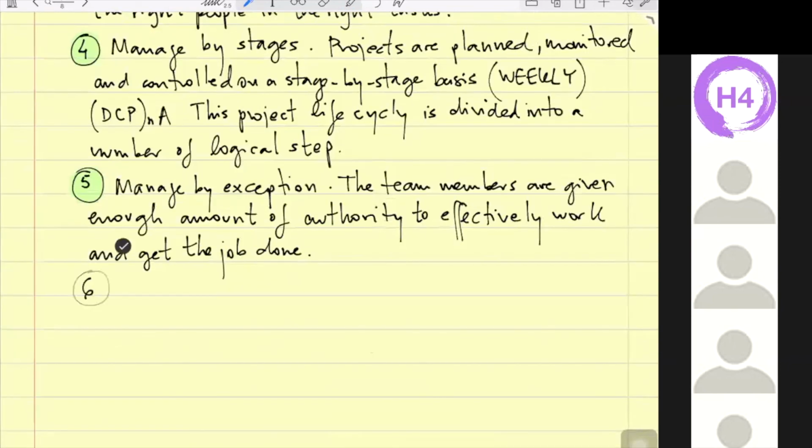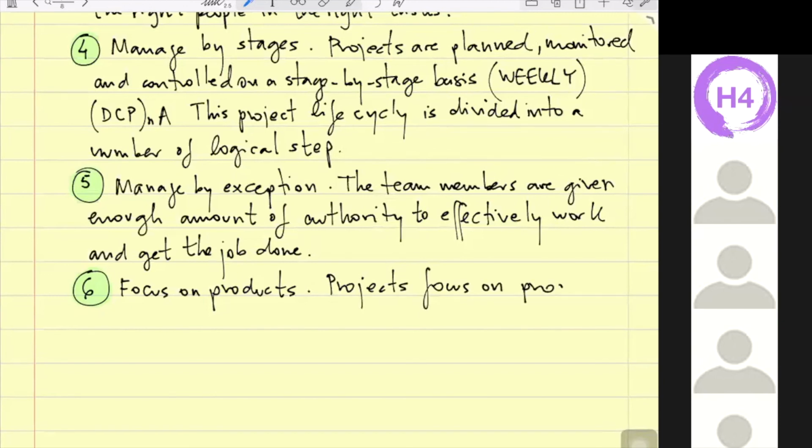Number 6, focus on products. PRINCE2 projects focus on the product definition, delivery, and quality requirements.